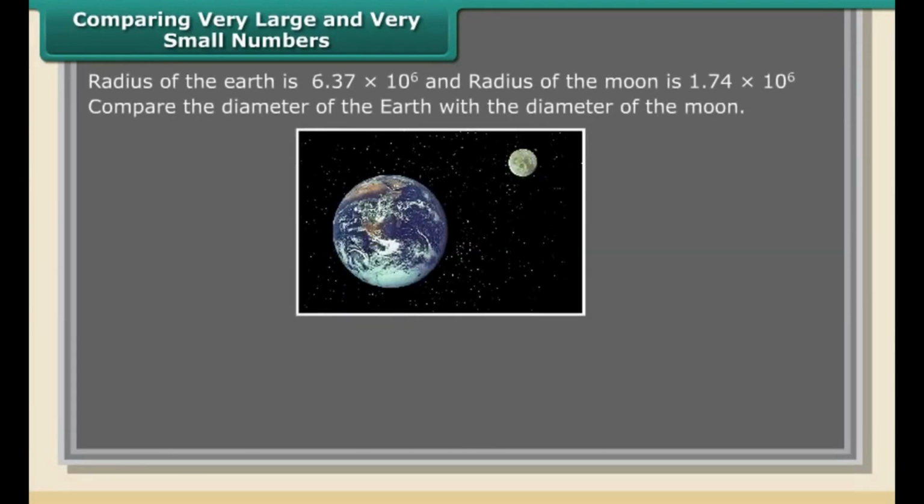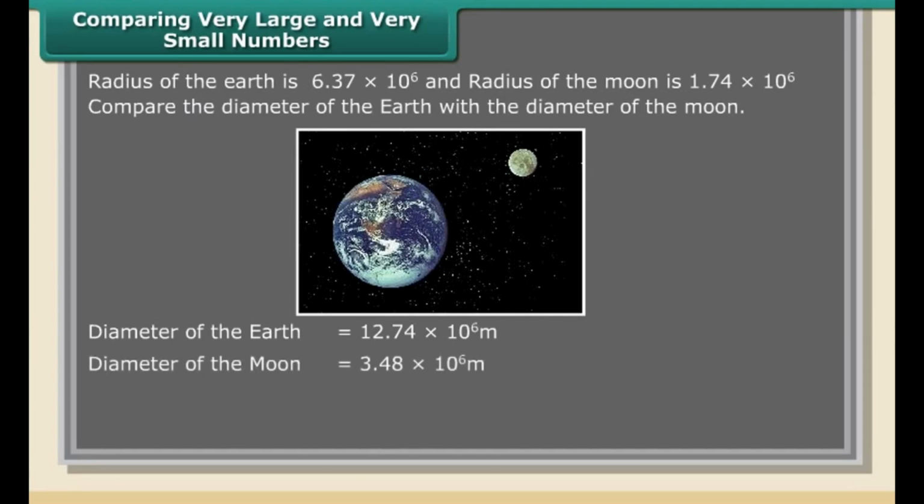Comparing very large and very small numbers. Radius of the earth is 6.37 into 10^6 and radius of the moon is 1.74 into 10^6. Compare the diameter of the earth with the diameter of the moon. Diameter of the earth is equal to 12.74 into 10^6 meters.